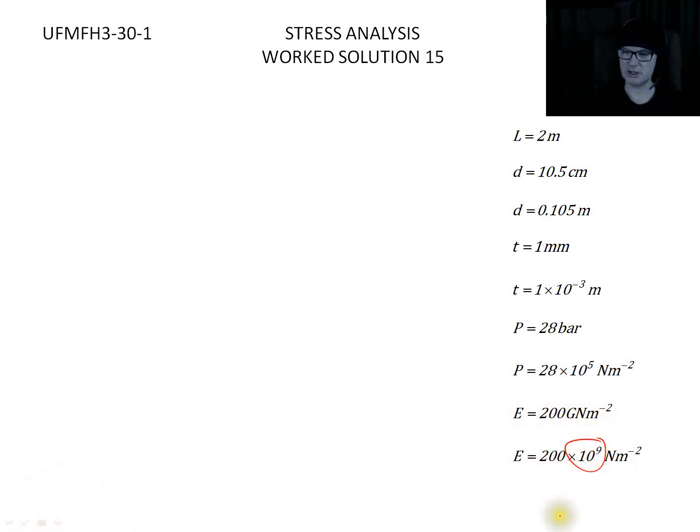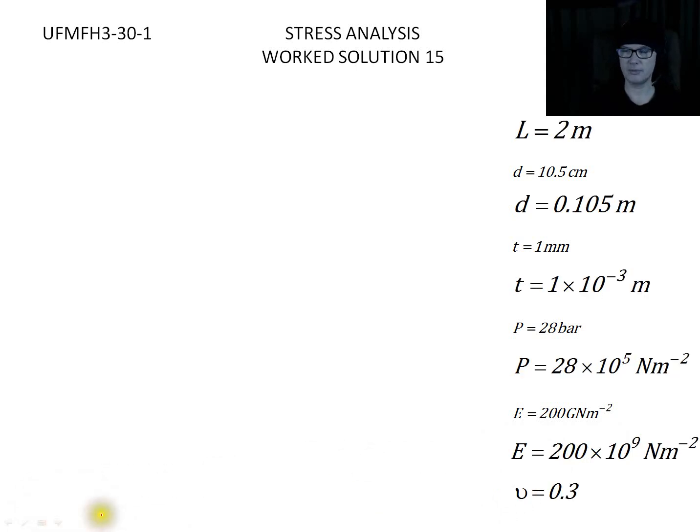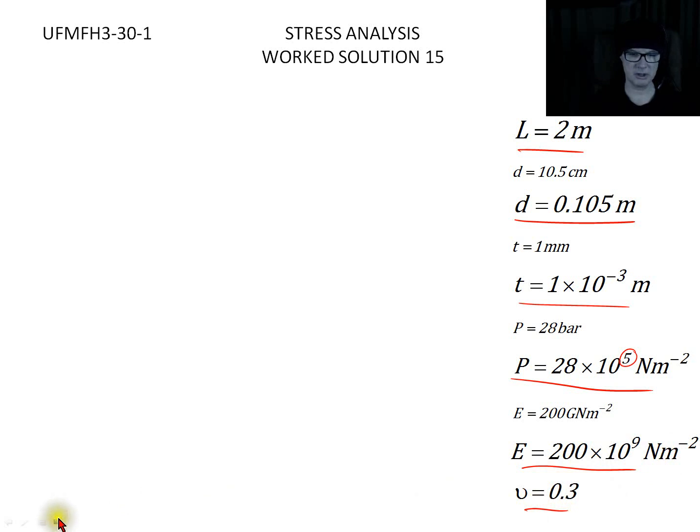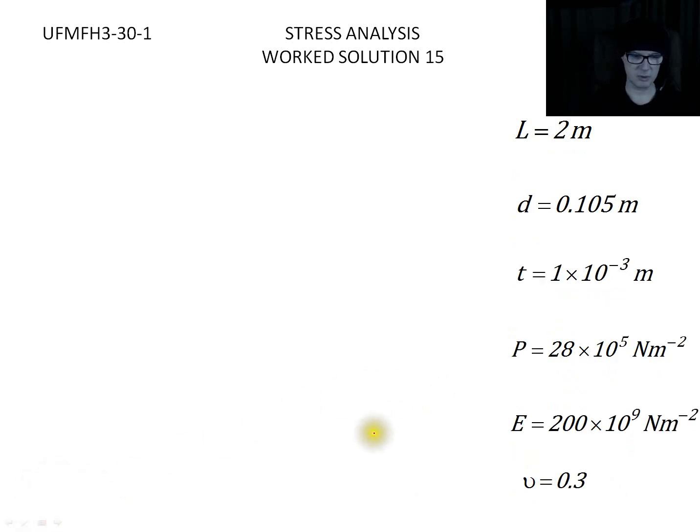So times 10 to the 9, 200. And then finally the Poisson's ratio doesn't need any conversion. So this gives us the SI numbers of the length, the diameter, the thickness, the pressure, which I'm leaving times 10 to the 5, E in terms of Newton pascals, and the Poisson's ratio. Let's just carry those terms forward.